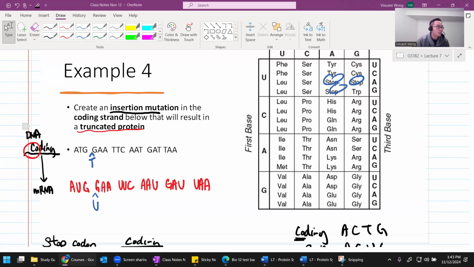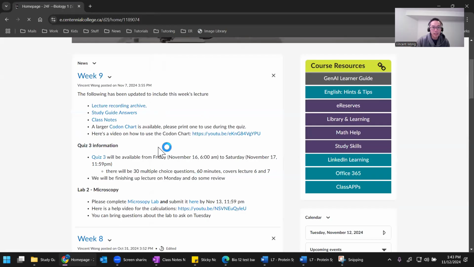Have people had a chance to work on the lab yet? Not yet. Okay. So there are some resources that I posted online. Let me just double check. Yes, over here. There is a video that shows you how to use the codon chart if you're still a little unsure. For the lab, you just complete it and submit it in the submission folder.